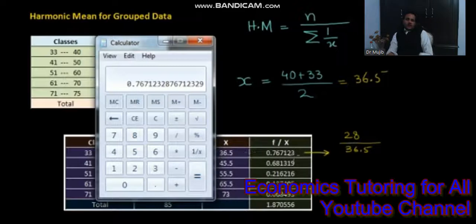So the calculated value of f divided by x is 0.767123.